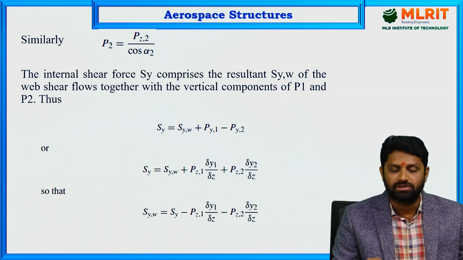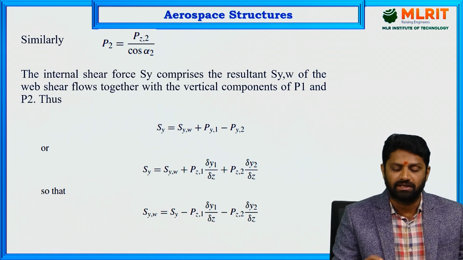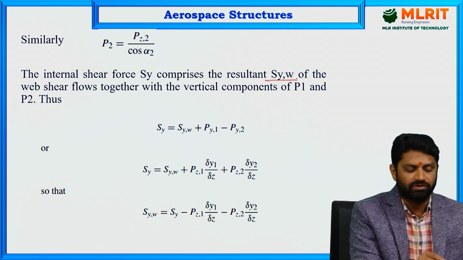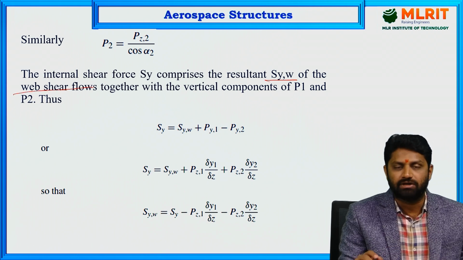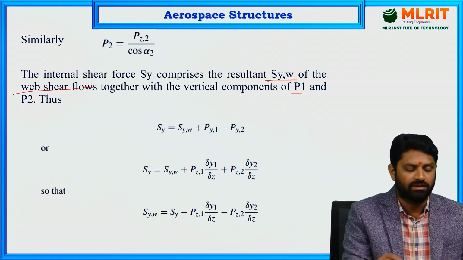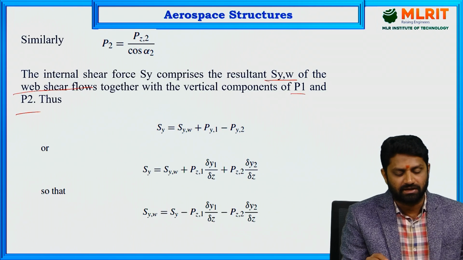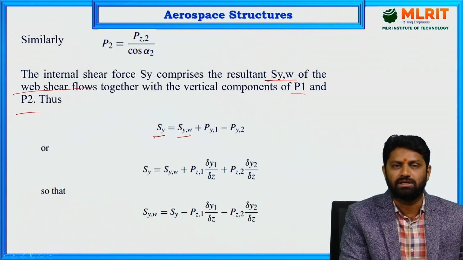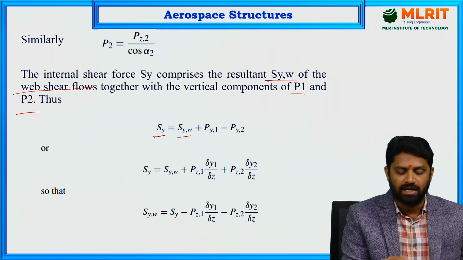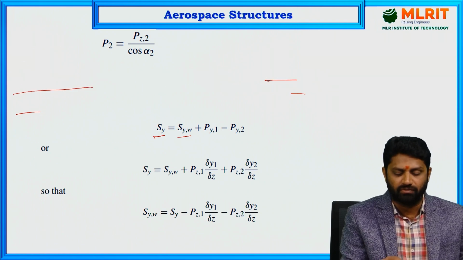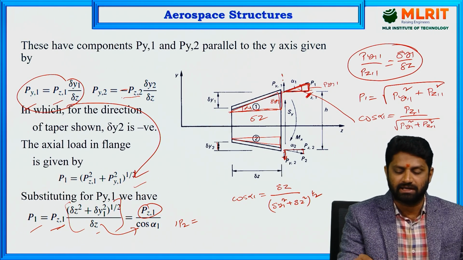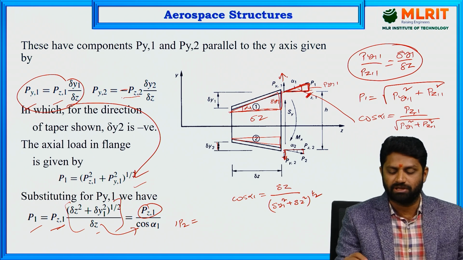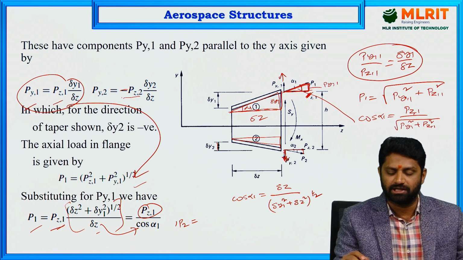The internal shear force Sy comprises the resultant SYW of the web shear flows together with the vertical components of P1 and P2. Thus we can write Sy as SYW, the web shear flow, and then the vertical components. Py1 is acting in the upward direction, so you take plus Py1, and Py2 is acting in the downward direction, so you take minus Py2.